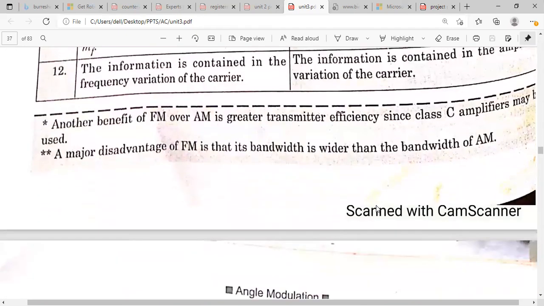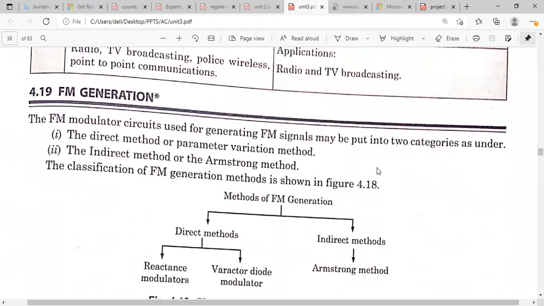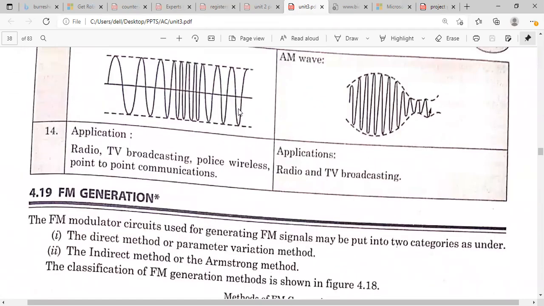So the major disadvantage of FM when compared to AM is that the distance of transmission is less. Here the bandwidth of AM is less when compared to FM. And these are the waveforms, and these are the applications where we can use FM: TV broadcasting, point-to-point communication and radio communications. And AM will be used for TV broadcasting.